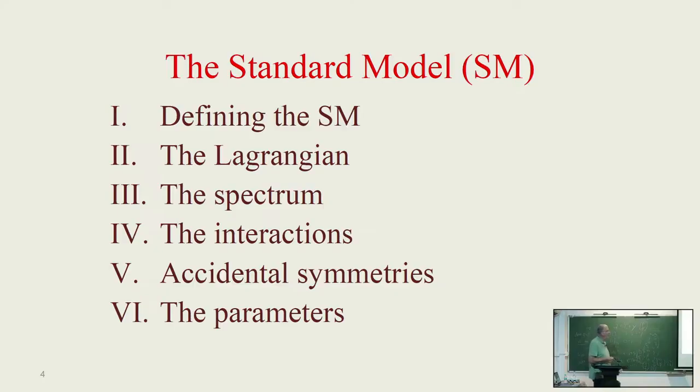From that definition, we'll get the most general renormalizable Lagrangian made out of the standard model fields and obeying the symmetry that we impose. After writing the Lagrangian, we will obtain the spectrum and the interactions among the fermions, identify the accidental symmetries, and count parameters and try to identify what they are. So that's the program.